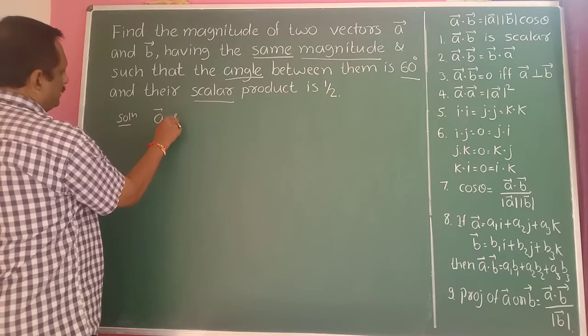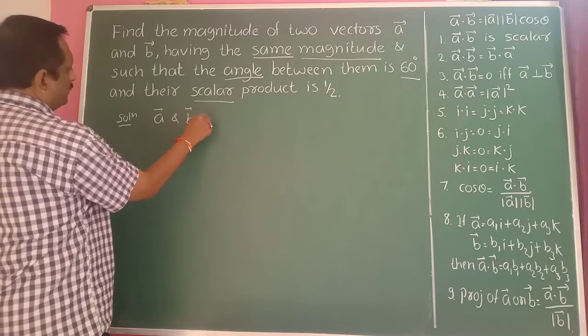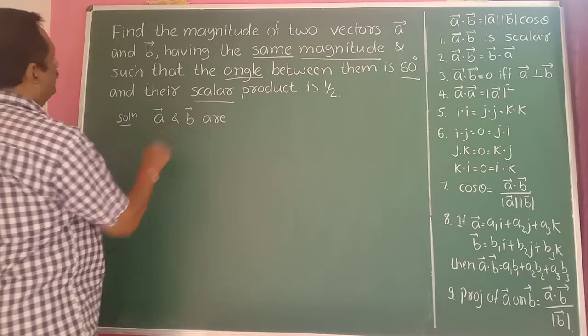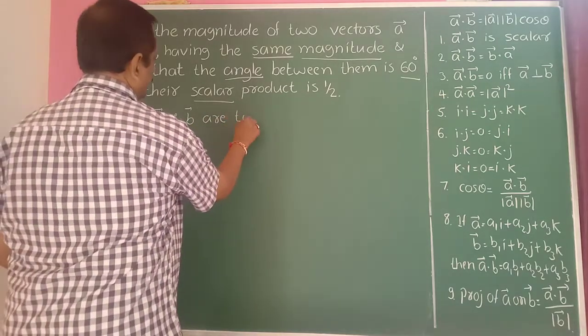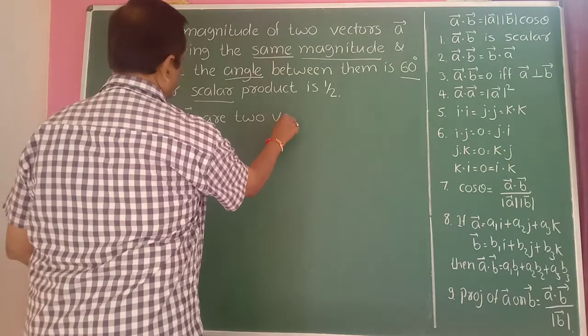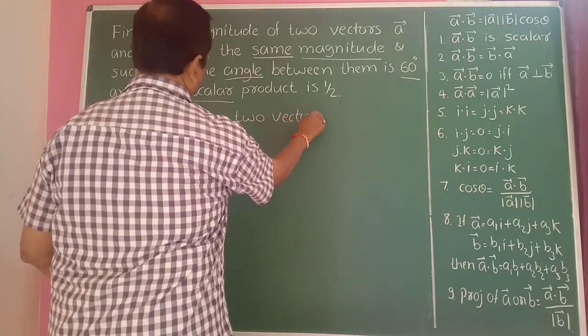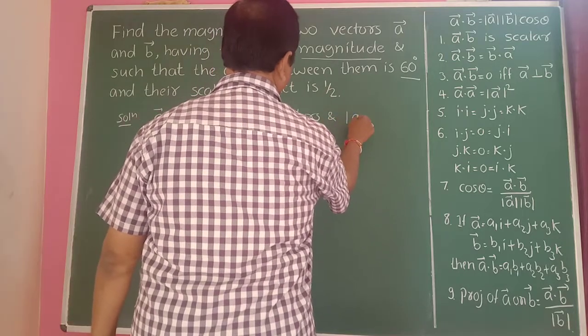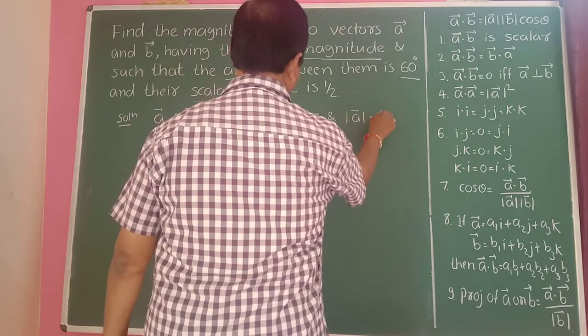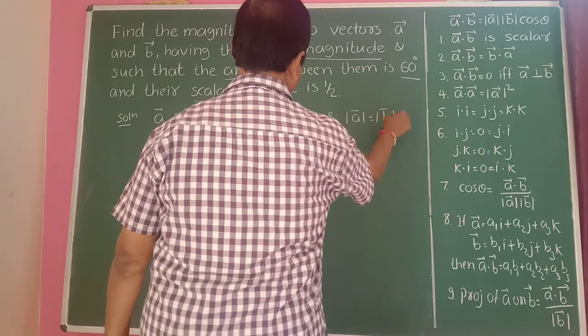A bar and B bar are two vectors, and modulus of A bar is equal to modulus of B bar. They are already given here.